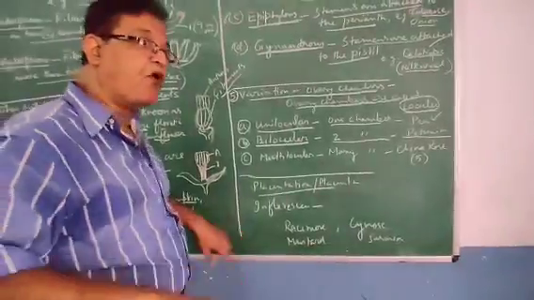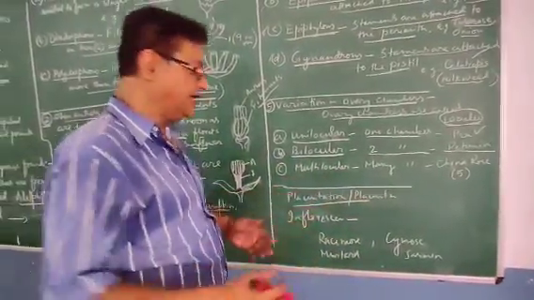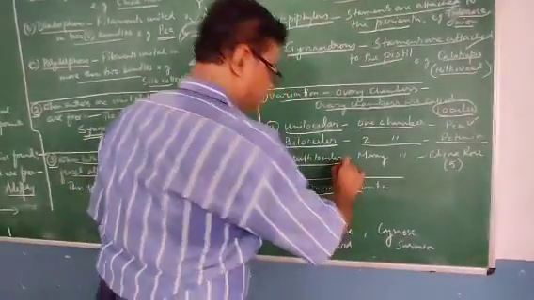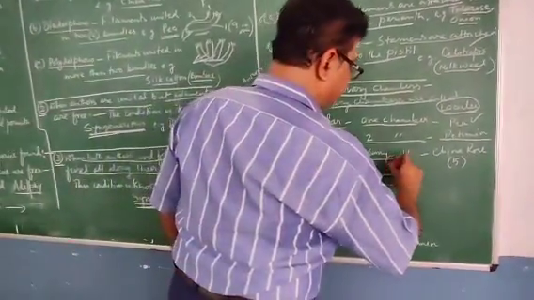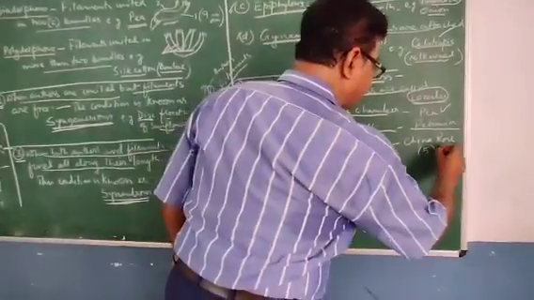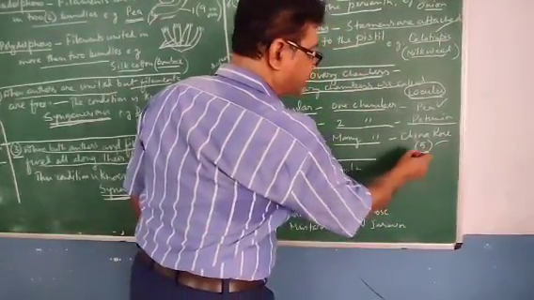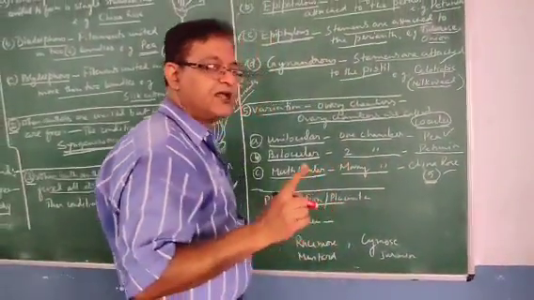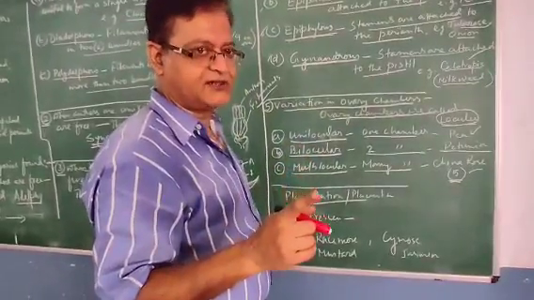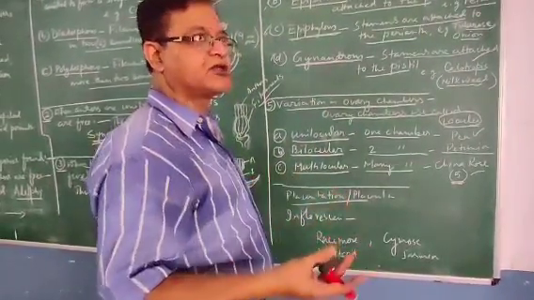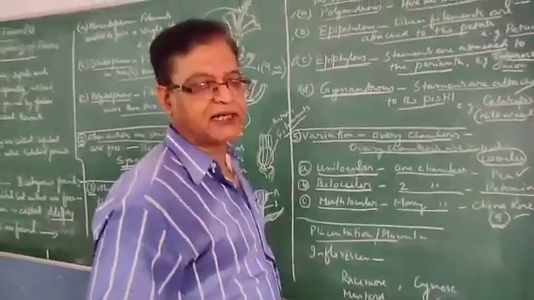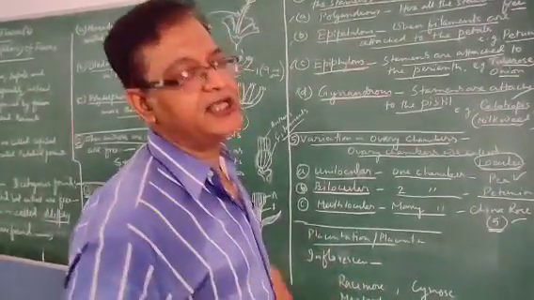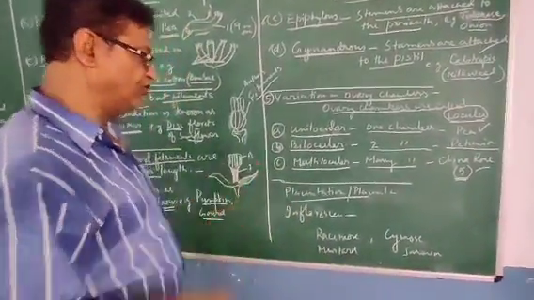If there are more than 2 chambers, we call it multilocular. Example, China rose. In China rose there are 5 chambers, so sometimes we also call it pentalocular. But since it is more than 2, it is a multilocular ovary.